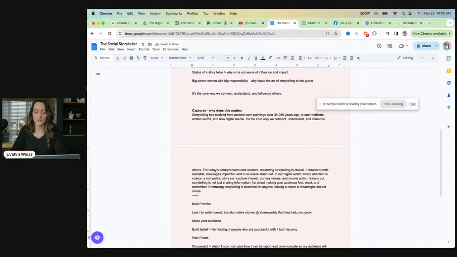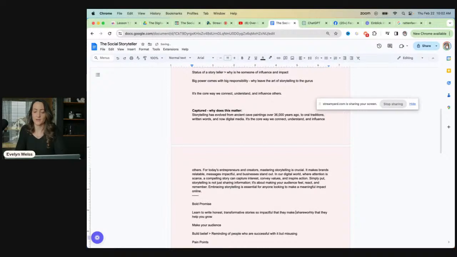But that's the afterthought. So learn to write honest, transformative stories so impactful that they make people, I wouldn't say your audience yet because it's a specific word, they make people feel, remember, and take action, and so shareworthy that they help you grow your audience. Along those lines, I think this is in here.